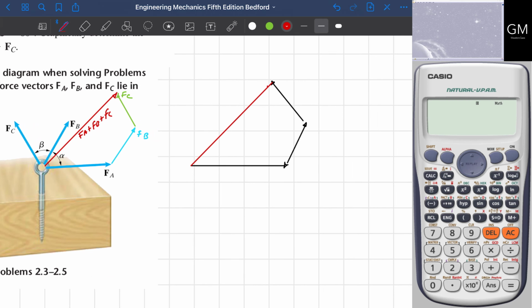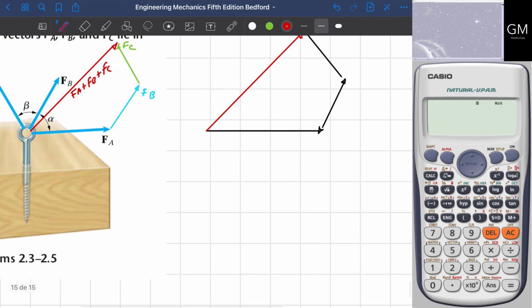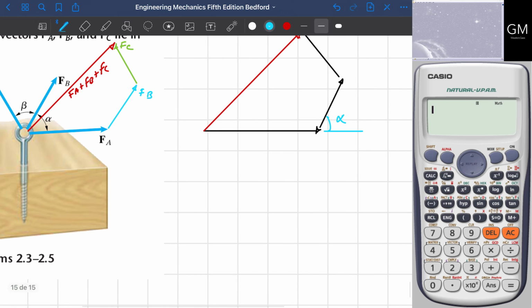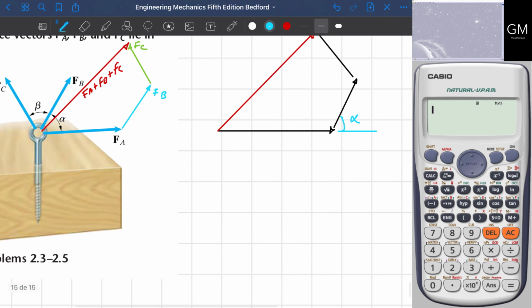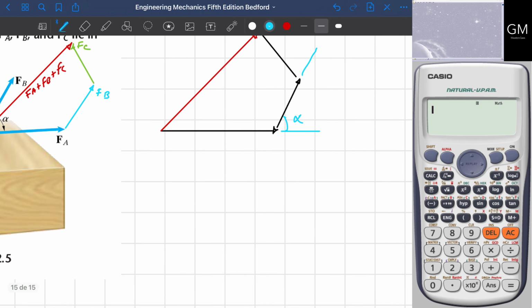So I need this magnitude, and I'm going to start playing with the angles. Okay, so this angle will be right here. Let me put it in cyan. Right here, this is alpha, and with respect to FB and FC, the same angle will be right here.